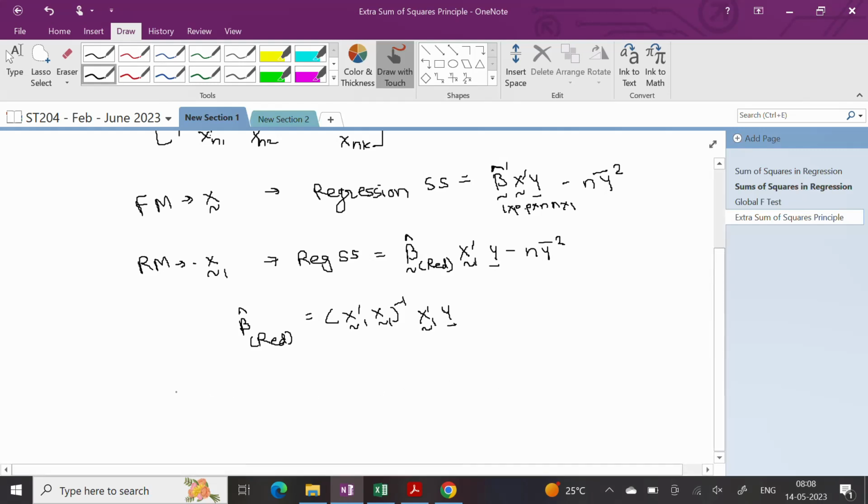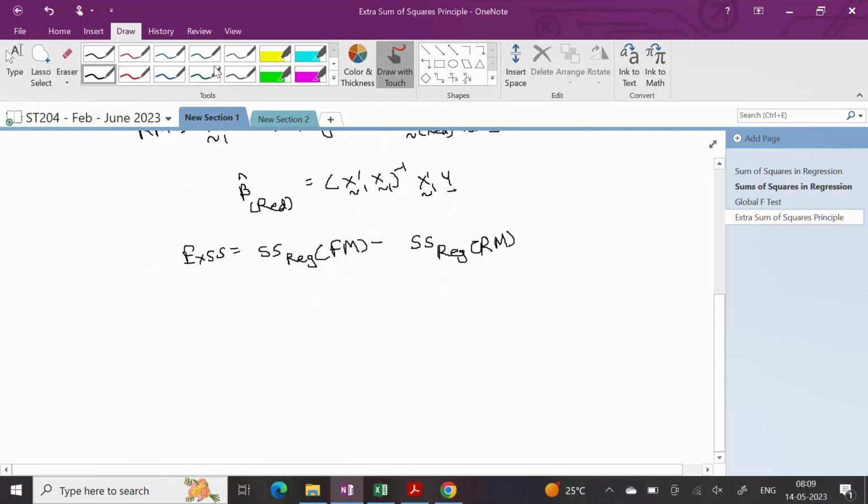So I would write the extra sum of squares as the sum of squares due to regression for the full model minus the sum of squares due to regression for the reduced model. The term n y bar square is common in both, so it will get cancelled. So we'll be left with beta hat prime minus beta hat reduced prime into, no, I cannot take X prime common.